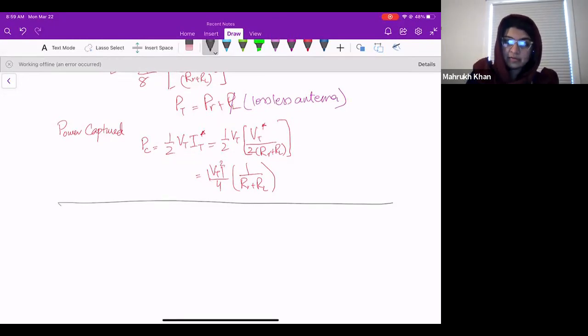Another scenario here is the polarization loss: when the antenna captures power, if its polarization is not aligned, there will be some loss as well, right? So it changes the scenario of captured energy because of the polarization loss. We have to consider all these factors in how the antenna's captured power is changed. Before doing that, I just want to mention a little bit about radiation efficiency.